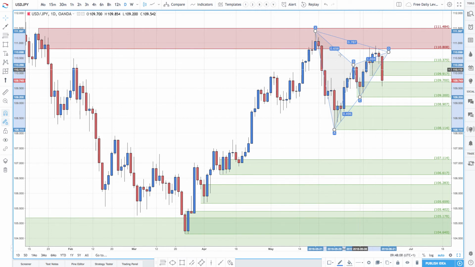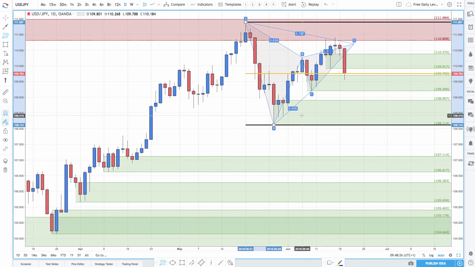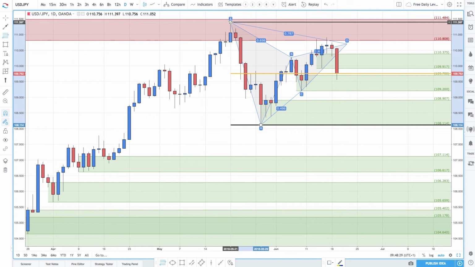But you can see here that we had already marked out our level of supply. This was a level of supply. If we're looking at it from an X to A leg, which is basically the high to the low, and again, if you watch my video on the past week released on Sunday, you'll see this.